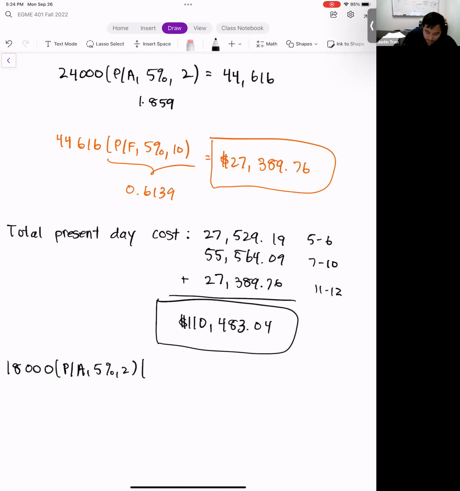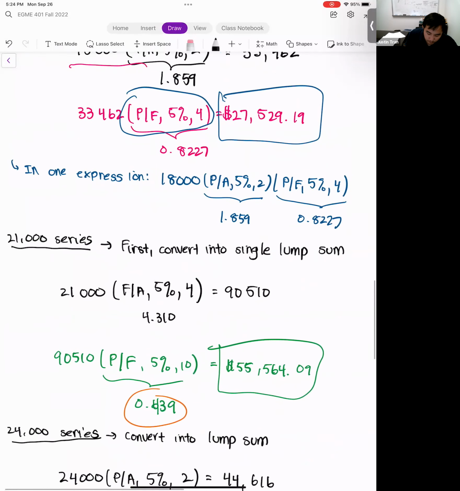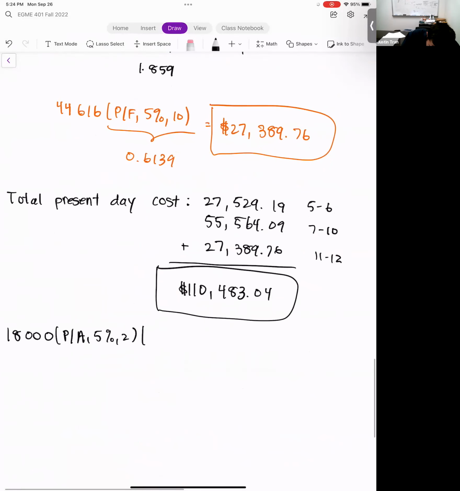Okay. And then we did another conversion here, which we converted with the P over F. So this is P over F, 5% of 4.